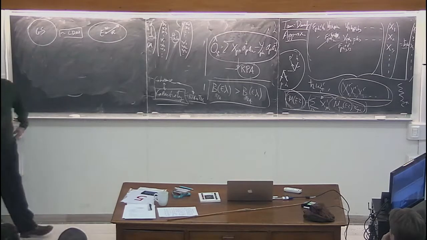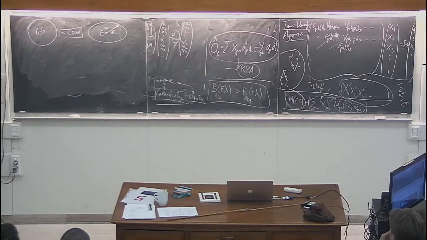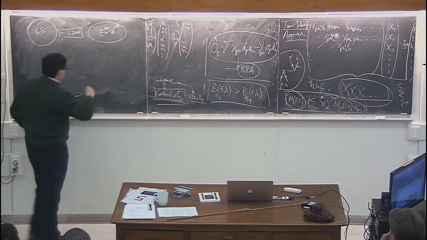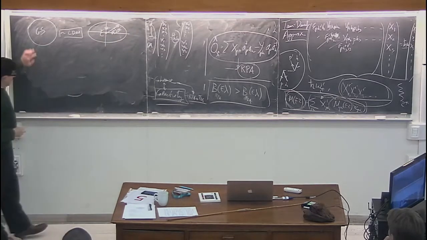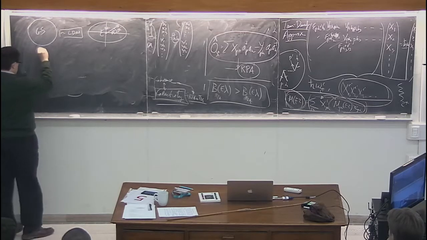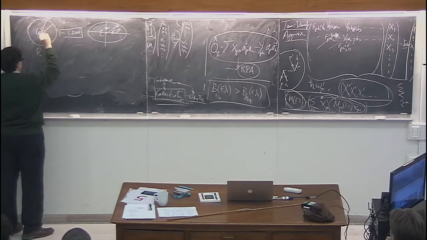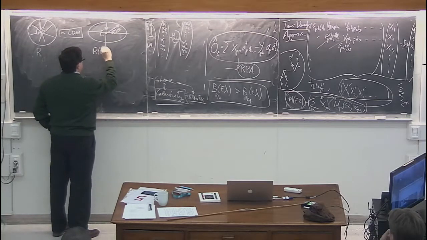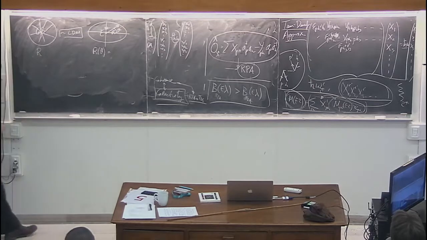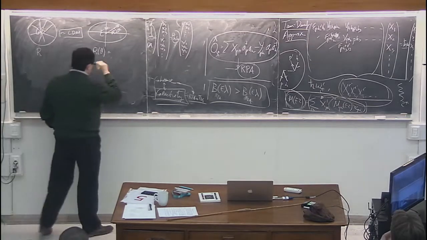But if we get a deformed system, for example, if we think of a quadrupole deformation, something like this, this would be a kind of ellipsoidal deformation.